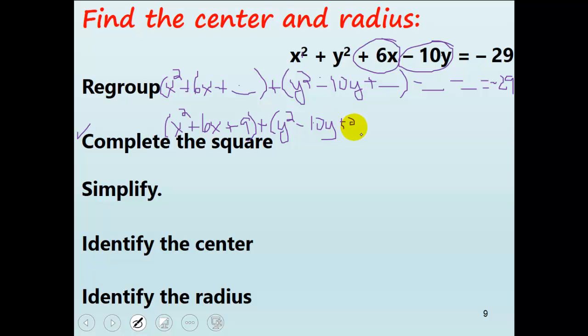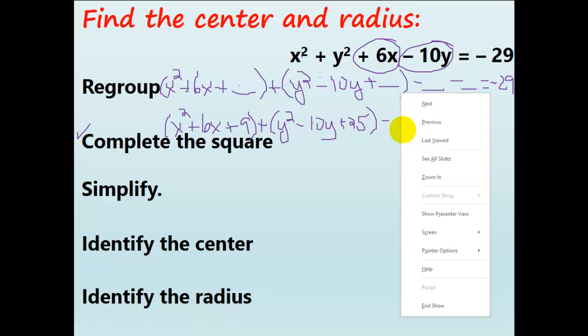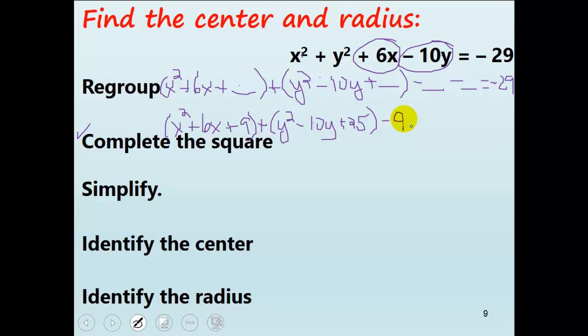That's plus 25. Now, seeing as I added 9 here, I'm going to subtract 9. Since I added 25 here, I'm going to subtract 25. And that whole thing equals -29. And there's that stinky old line again.